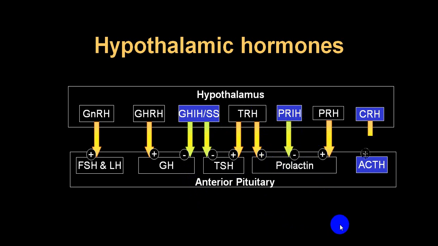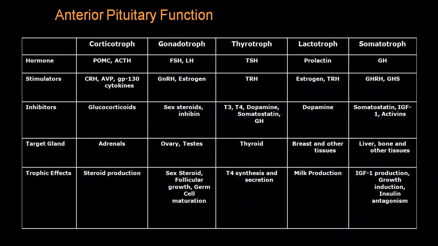So this is the complete action. These hypothalamic hormones we call releasing or inhibitory factors, and these are called trophic hormones, which will be acting on distal endocrine organs.